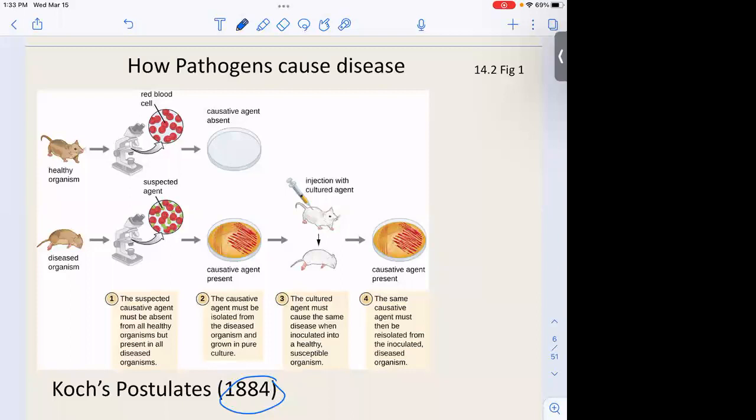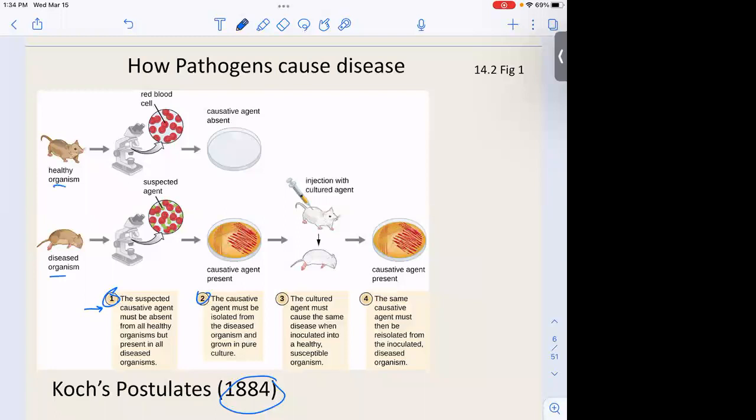Okay, so the way this works, Koch's postulates are listed here, 1, 2, 3, 4. The first thing he said is the suspected causative agent must be absent from all healthy test animals and present in all diseased animals.